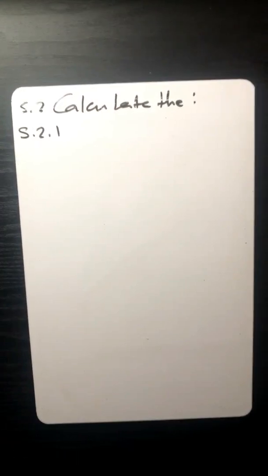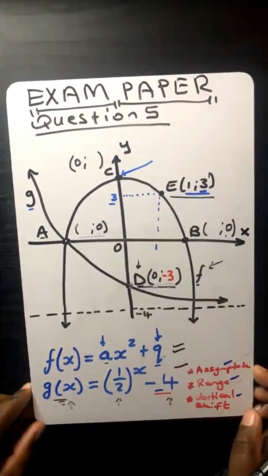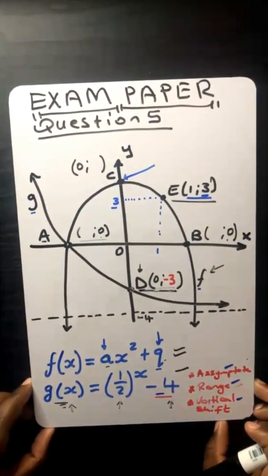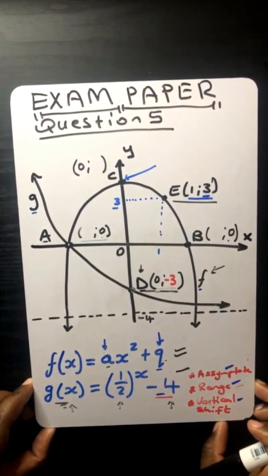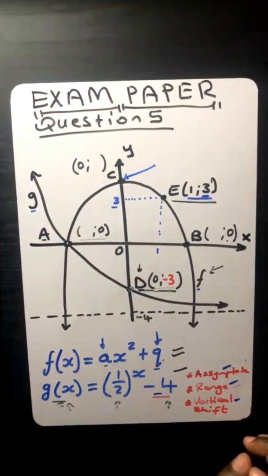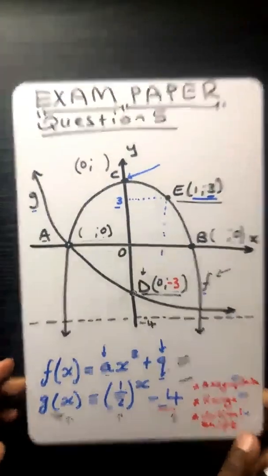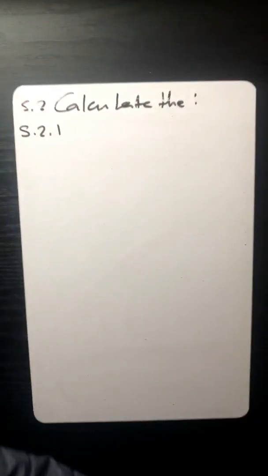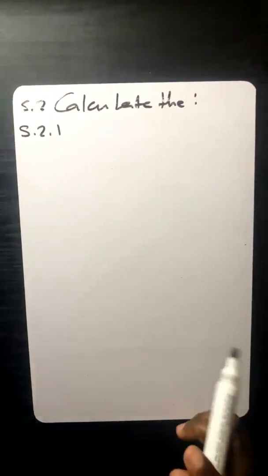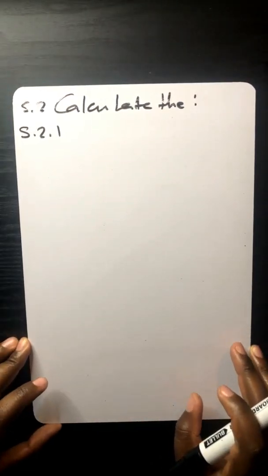But before we go far, in terms of the A value, what type of X value are we expecting over there? A negative X value. 100%. We are expecting a negative X value. If we get a positive X value, it means somewhere, somehow, we made a mistake.